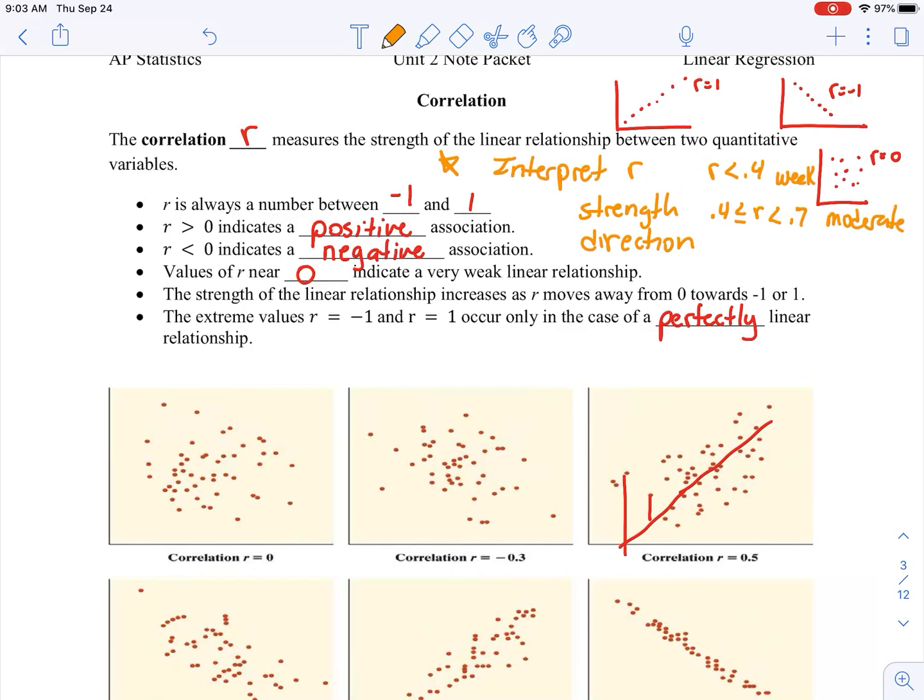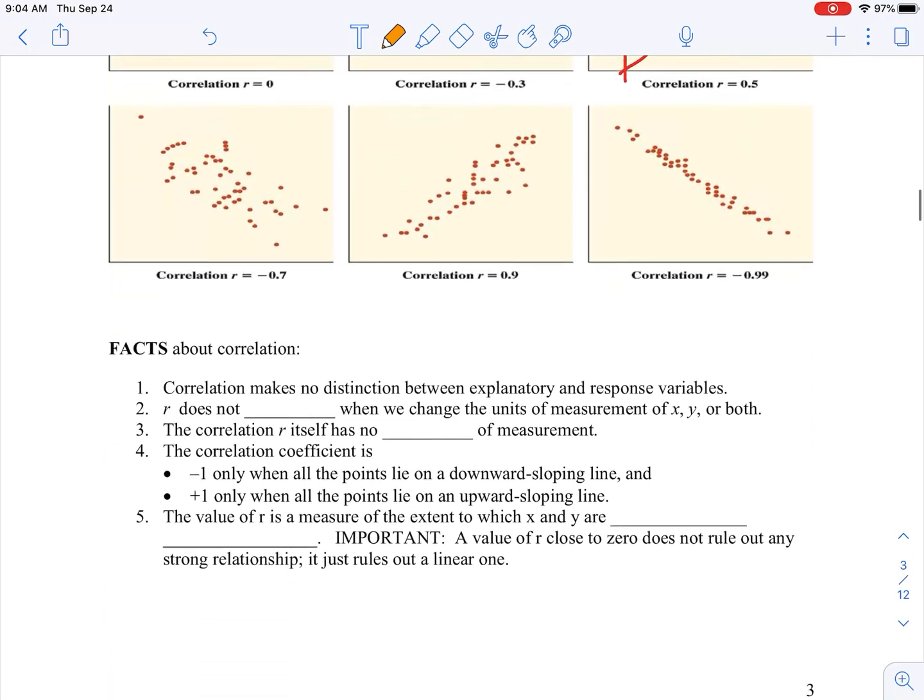Again, this is just the positive side, so we'd have the exact opposite for the negatives. We'll consider that strong. So again, less than 0.4 is weak, between 0.4 and 0.7 is moderate, and from 0.7 and above, we're going to consider that strong.